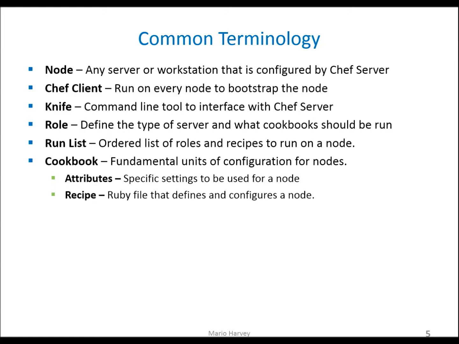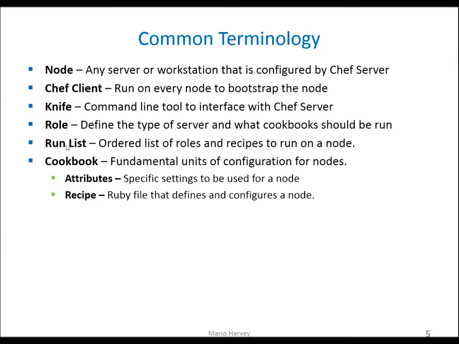A role defines the type of server it will be and what cookbooks should be run. So anytime you create a server, let's say you want a bunch of WordPress servers, it would be a good idea for you to create a WordPress role. And then within that WordPress role, we'll go to the next common terminology, called run list.